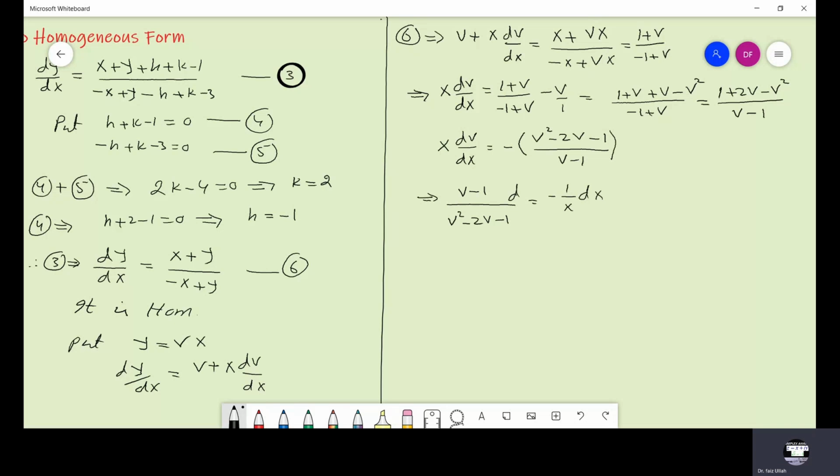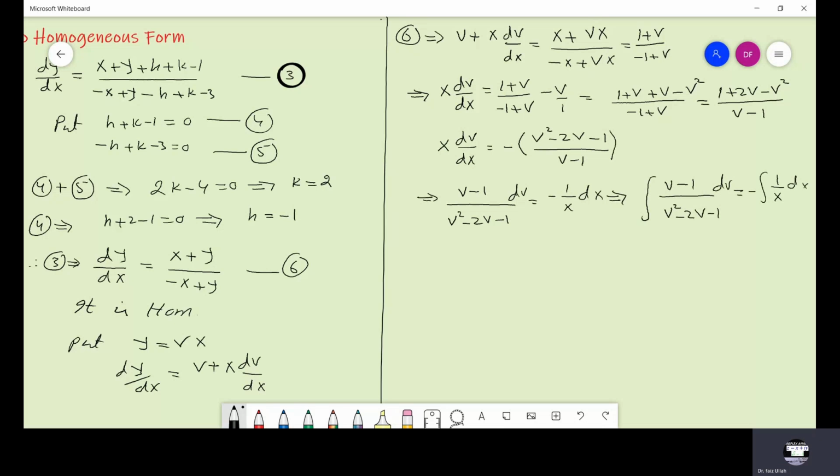Now just integrating both sides. So if we integrate v minus 1 divided by v square minus 2v minus 1 dv, which is equal to minus integration of 1 over x dx.